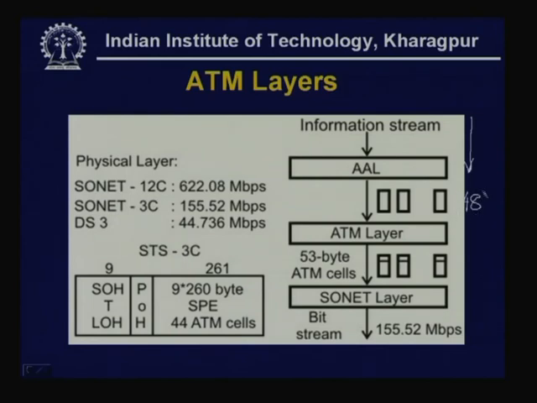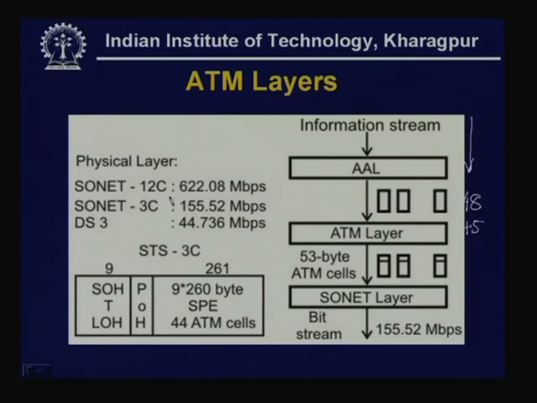So, it breaks it in terms of 48 bytes, and the ATM layer puts the header, converts it into ATM cells, and introduces that 5 byte header. With that it gets converted into cells each of 53 bytes, and then it passes through the SONET layer, which we have already discussed.